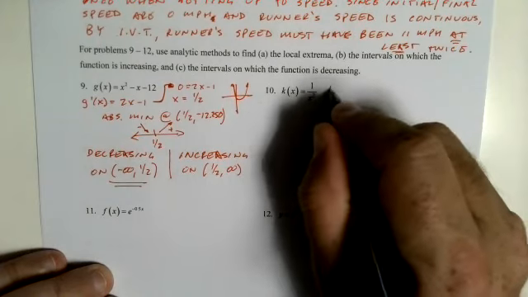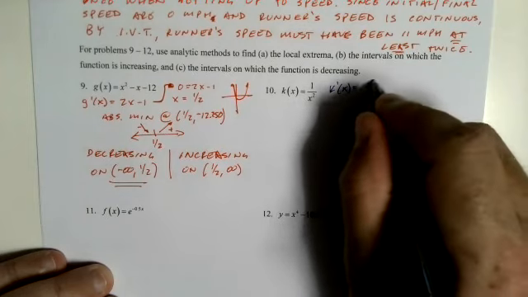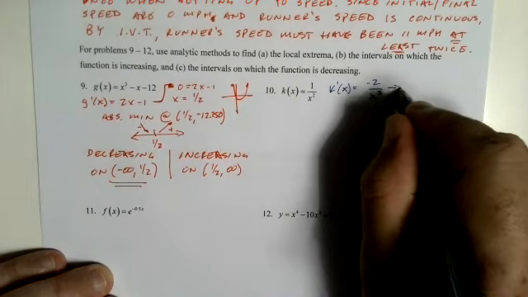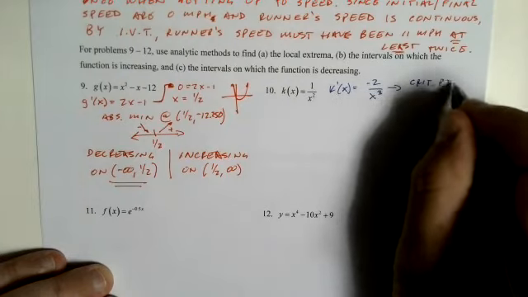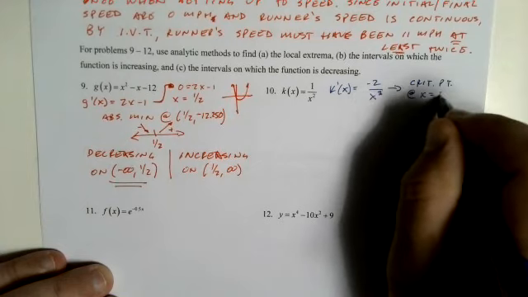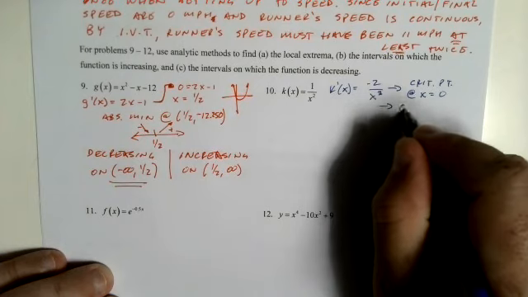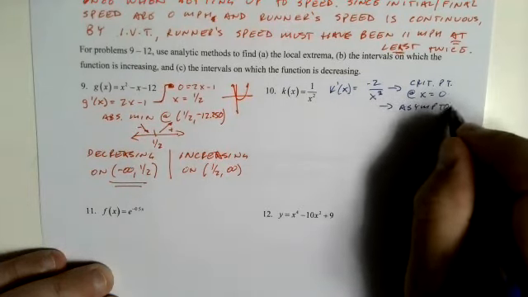All right, k prime of x equals negative 2 over x to the third. It never equals 0, but there's a critical point at x equals 0. Probably an asymptote looking at the original equation.